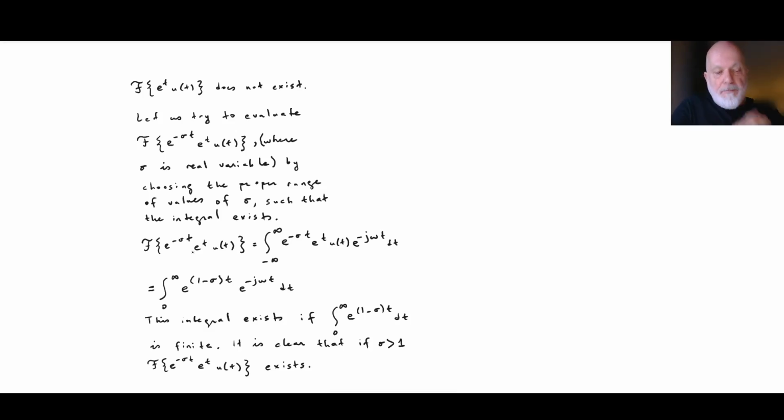Now, from this observation, how do we proceed to the definition of the Laplace transform?